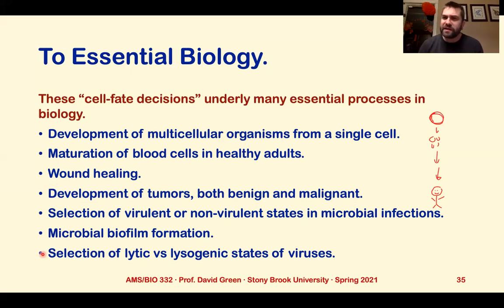Many microbes can exist in both virulent states, where in the context of infecting an individual they cause a lot of problems, and non-virulent states. Every so often we hear about an outbreak of some deadly E. coli that might have contaminated a batch of, say, spinach in the grocery stores. There's been a number of cases where people have died from these infections.